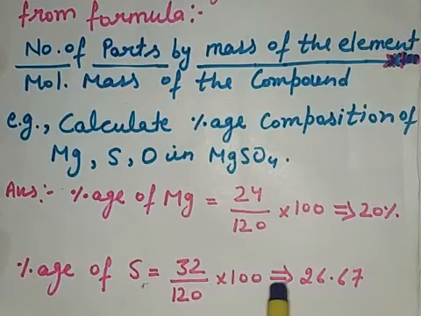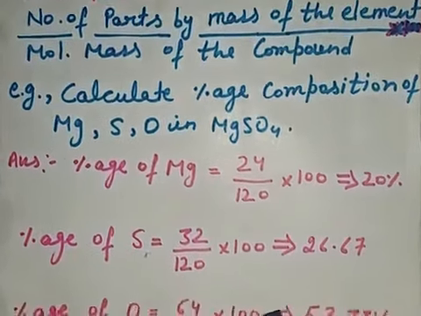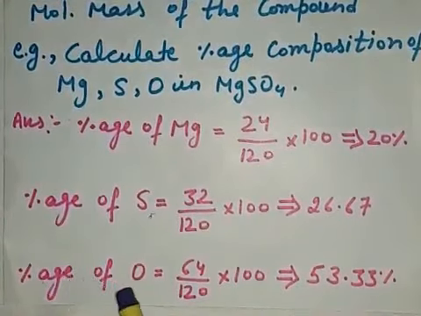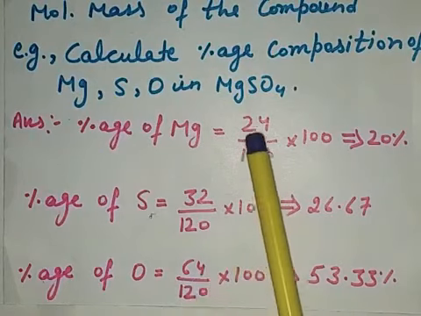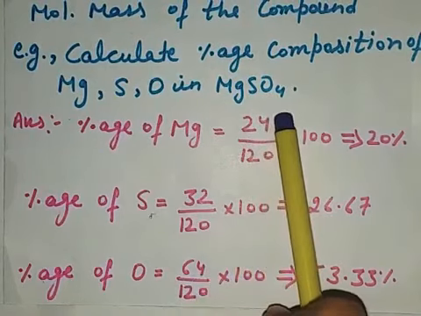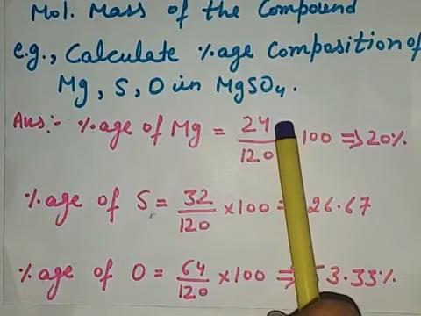When you solve it, it comes equal to 26.67%. In the same way, we will find out the percentage of oxygen. Now as you can see here, we have written 64 because 4 atoms of oxygen are present and the atomic mass of oxygen is 16.